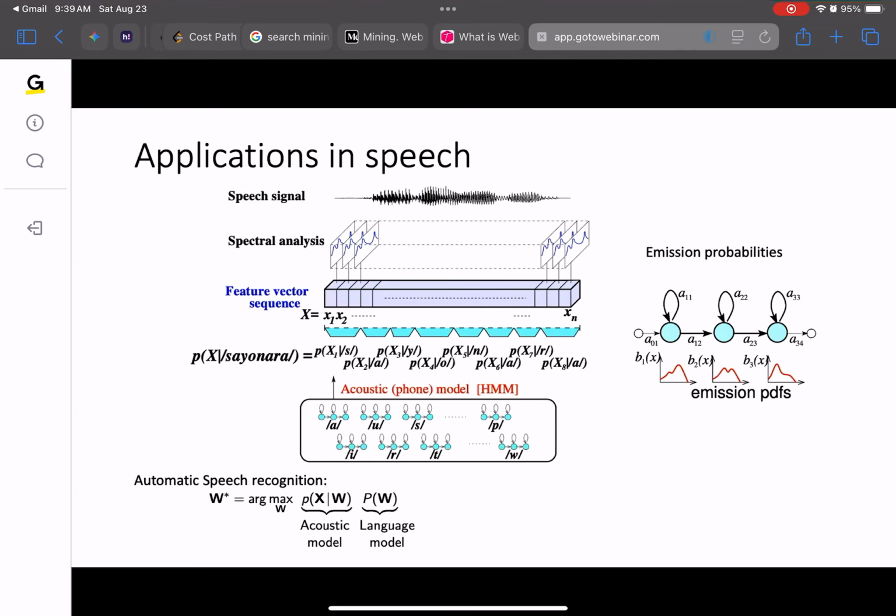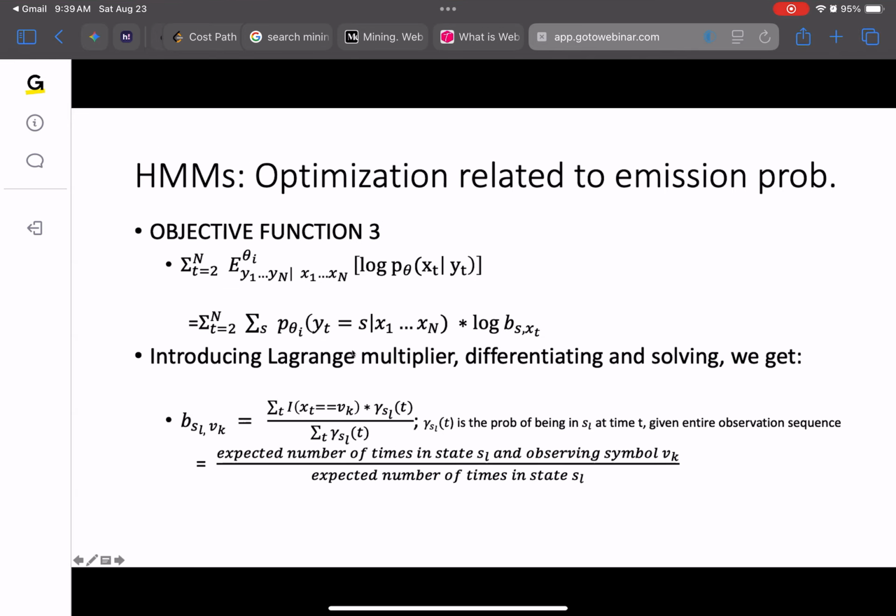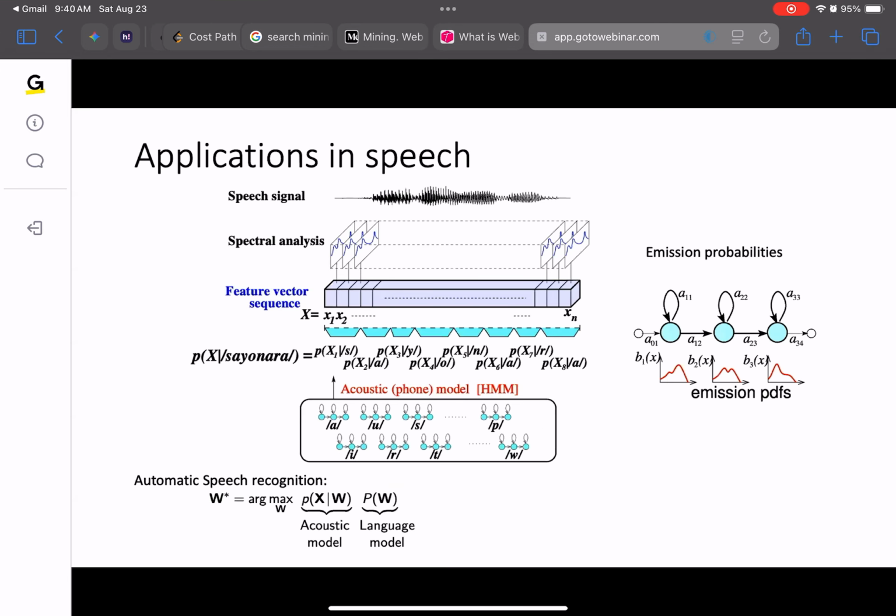So far, this is about estimating the parameters in HMM training using supervised and semi-supervised approaches. We considered the example of the POS problem, the parts of speech tagging problem. We can also apply similar approaches in speech applications.